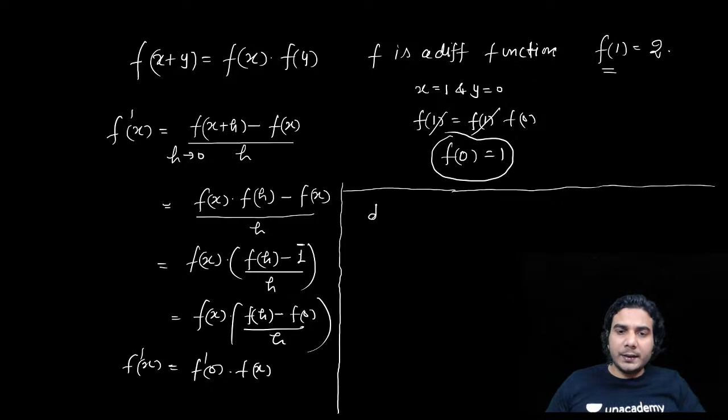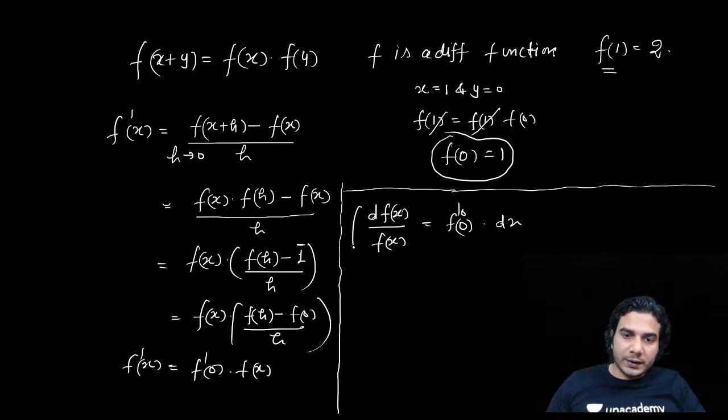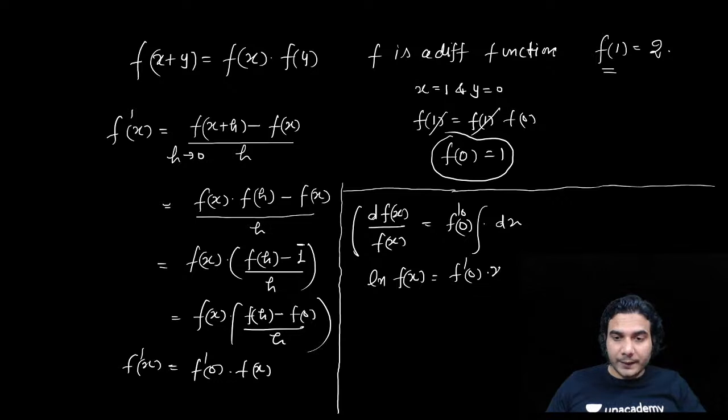Then you can integrate it. This is dfx upon fx, right, is equal to f dash 0, which is a constant, into dx, all right? So integrate this, write this constant outside. So it is going to be ln of fx is equal to f dash of 0 into x, all right?